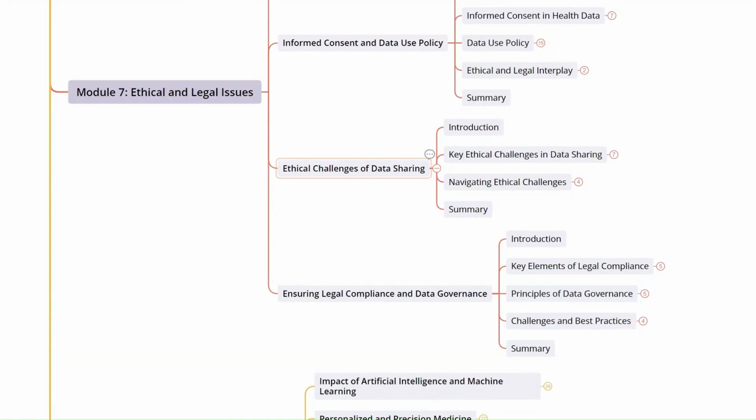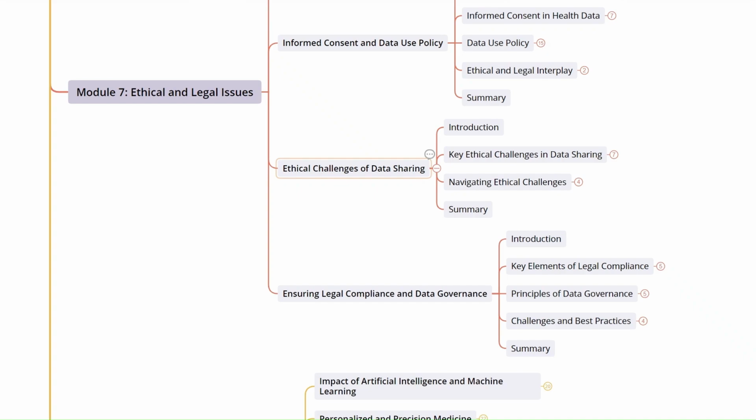In light of increasing sharing of health data across organizations and borders, ethical challenges of data sharing have become a pressing concern. While sharing information can lead to better clinical outcomes, research breakthroughs, and public health benefits, it also raises questions about ownership, consent, and the risk of data misuse.